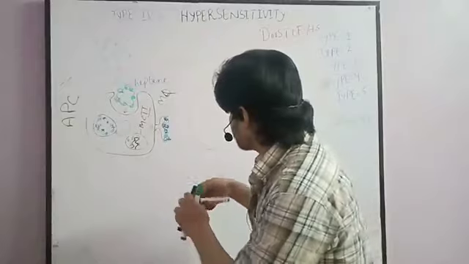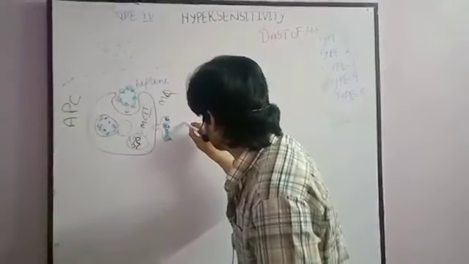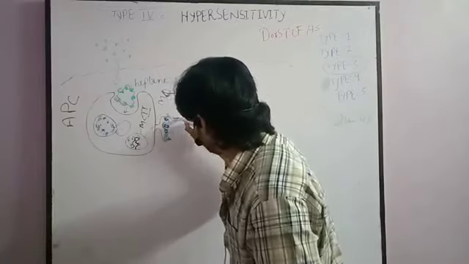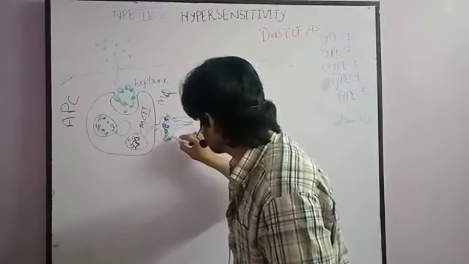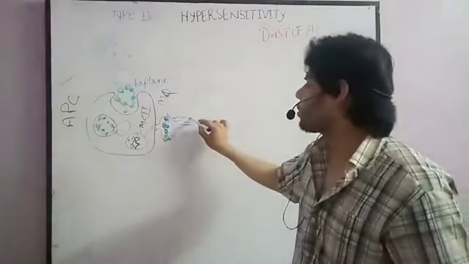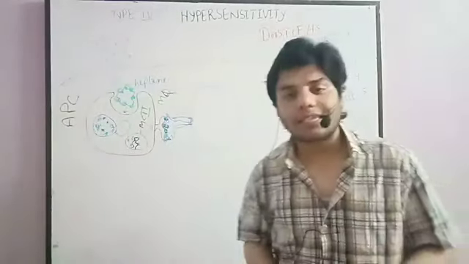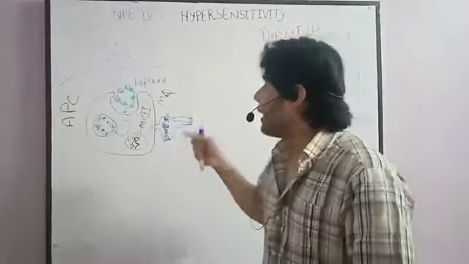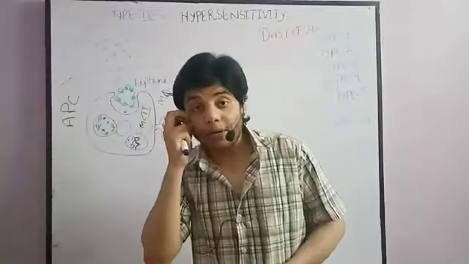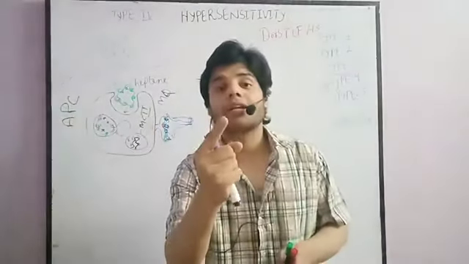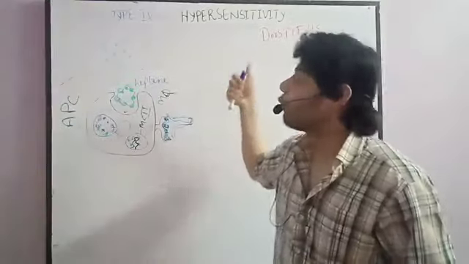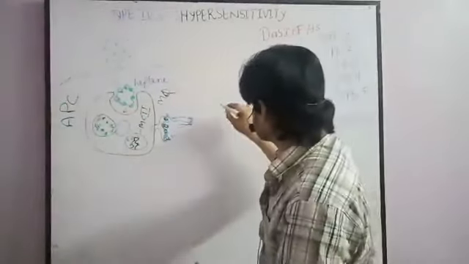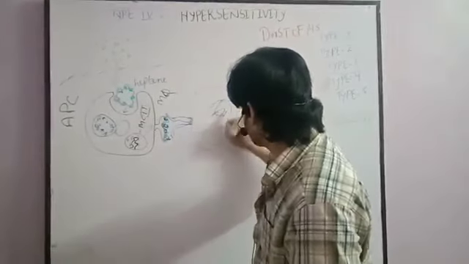Let's suppose here we take it as a macrophage, or dendritic cell. Once they come closer, the helper T cell has its own receptors. These are the receptors of this helper T cell. Keep it in your mind: in this type 4 hypersensitivity, helper T cell 1 is involved.